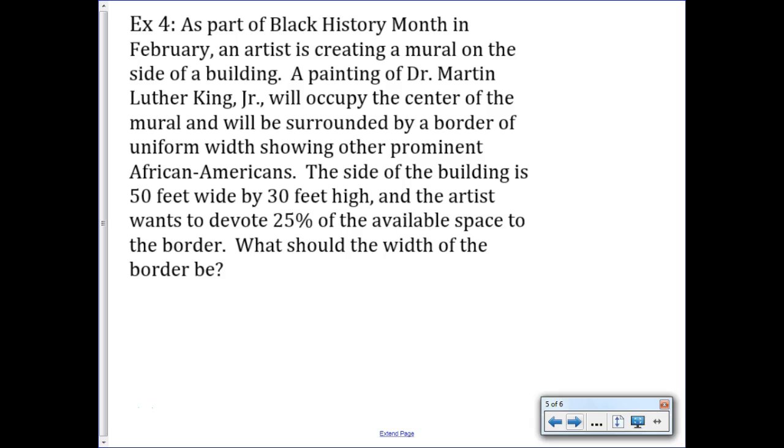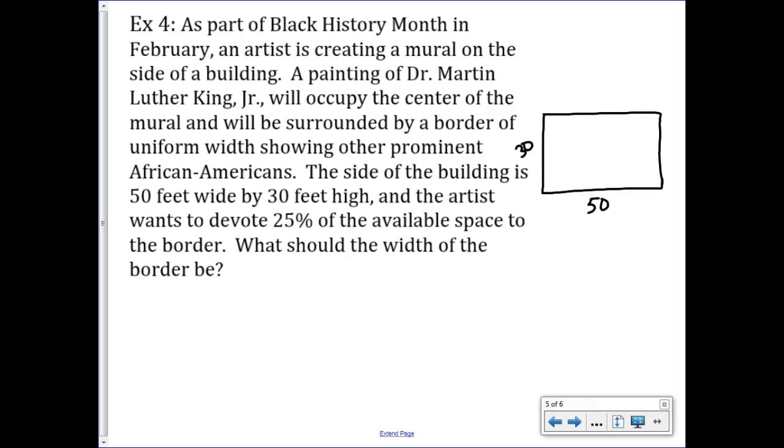Okay, as soon as I see something like this, I immediately know I need to draw a picture. So I'm going to draw out this wall where this mural is going to be. So it tells me the wall is 50 feet wide by 30 feet high.